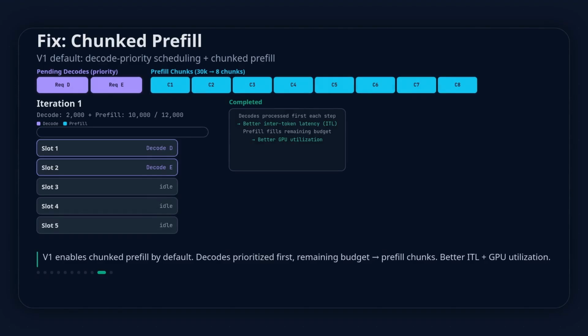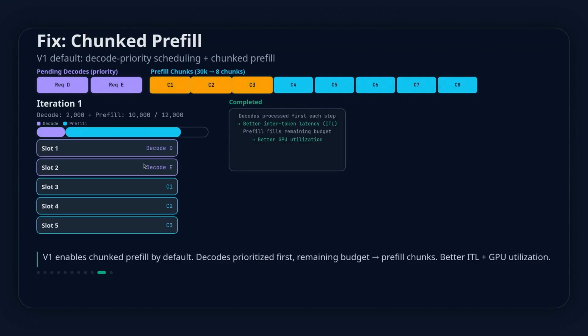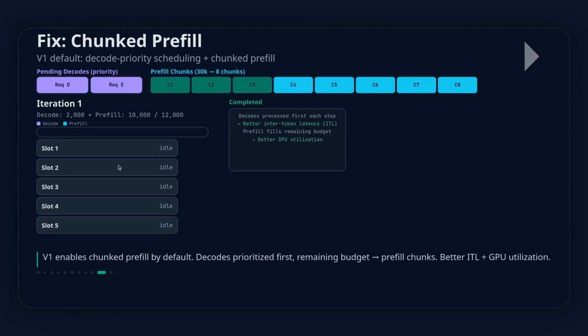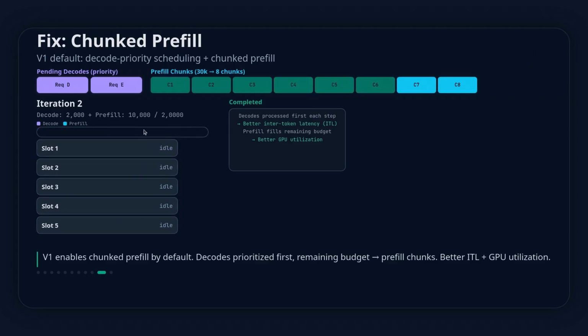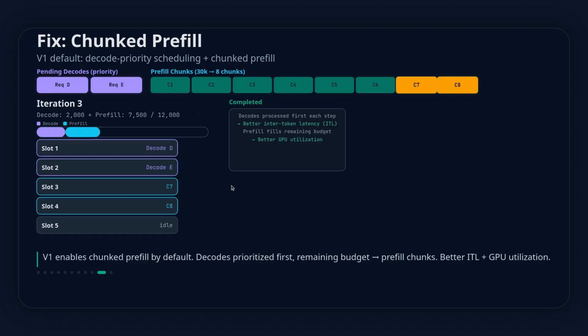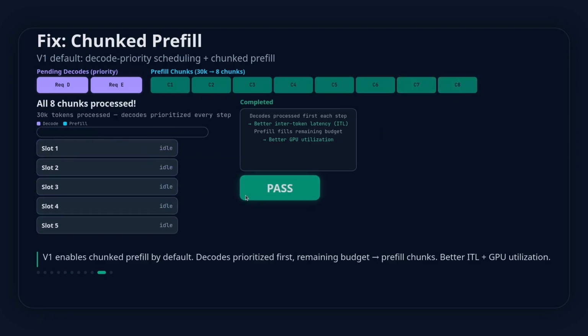In each iteration, the scheduler first batches all the pending decode requests, and then fills the rest with prefill. So in this case, a 10,000 token budget. Then we get another request on decodes, let's say again 2, and we fill another C4, 5, 6 into the slot to fill the 12,000 tokens. And then we get just the last, C7 and C8.